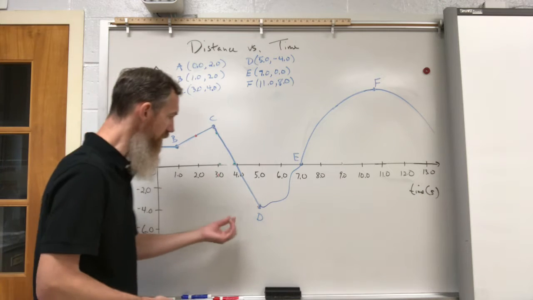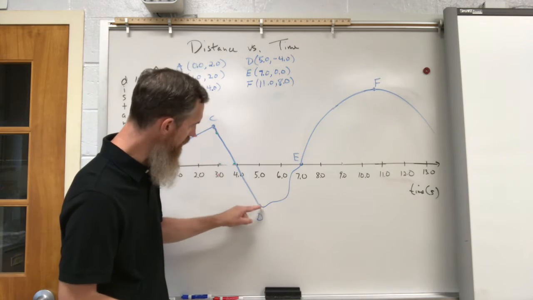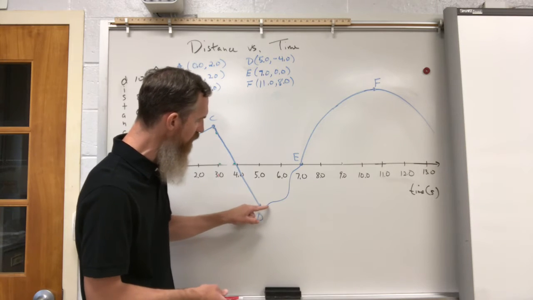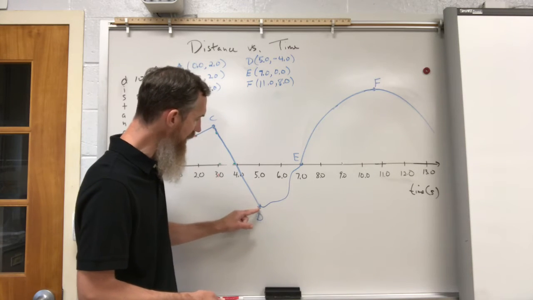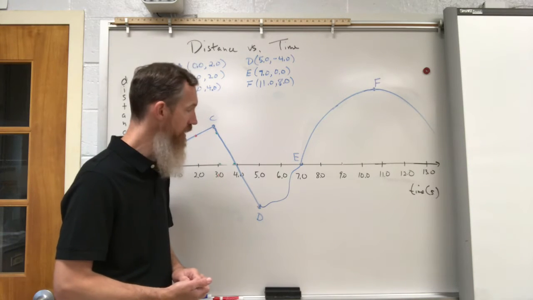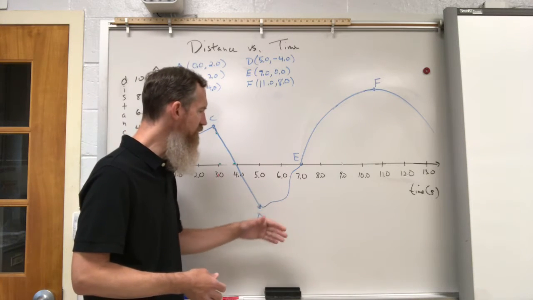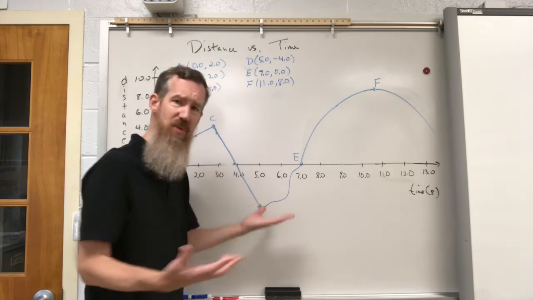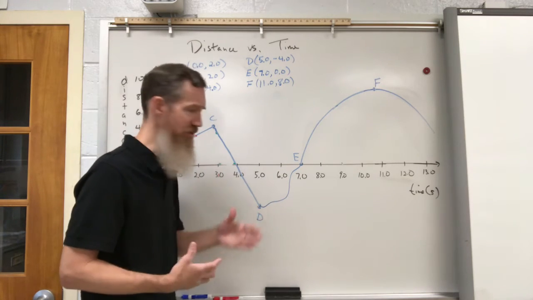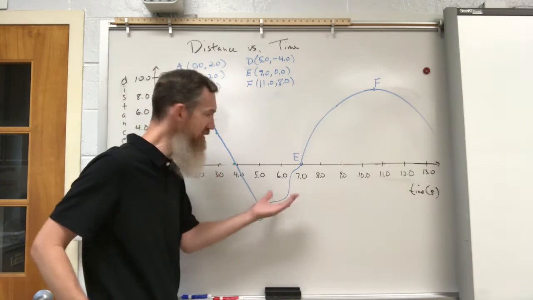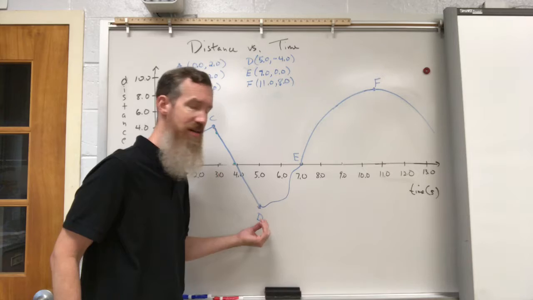It is moving forward because it goes from, well, maybe here it moves backwards for a little bit, just a moment, but overall, it went from behind the starting line and finally got to the starting line. And there's no real way I can find a slope here. It's a wacky line. There is no straight line there, so there's no slope of this. So I can't really find the constant velocity. There is no constant velocity here.